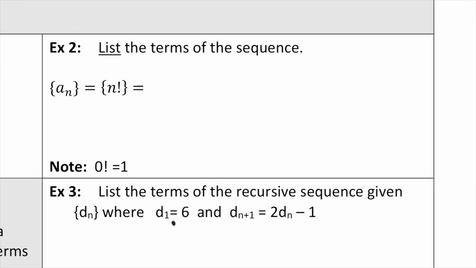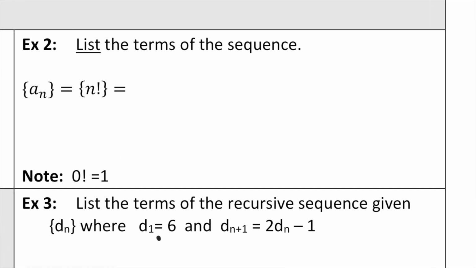When I look at example 2, we're listing the terms again, defining a factorial. When n is 1, 1 gets substituted in, and it's 1 times itself, which is 1. For our second term, we work out 1 times 2, which gives us 2.